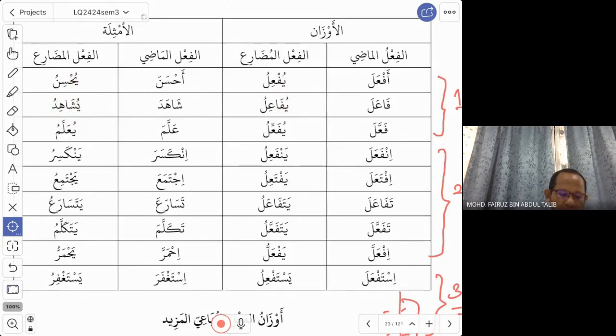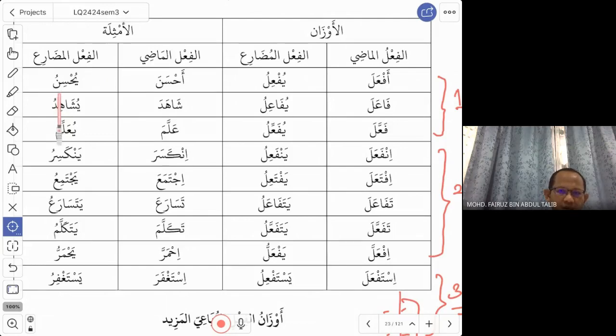And again, as we have mentioned earlier, you have to look at the madi in order to know whether you have additional letters or not. Because if you look at the mudari, yuhsinu, of course you see a ya, but as I have said earlier, ya is the letter of mudari. So we don't consider it. So you see ha, sin, nun, then you will say, oh, this is 3-letter fi'il, mujarrad.